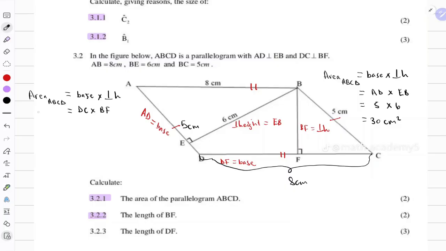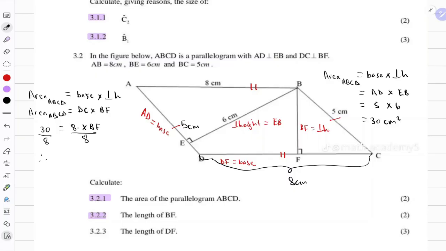So we can just substitute. The area of ABCD, 30 square centimeters, is equal to DC, and DC is 8, times BF. So we can divide throughout by 8.